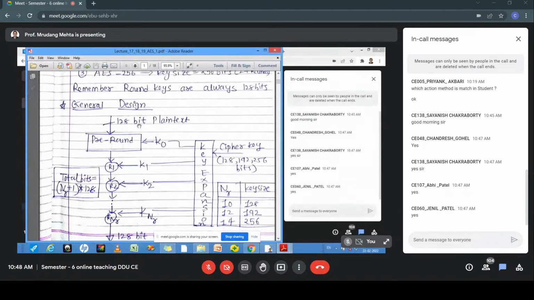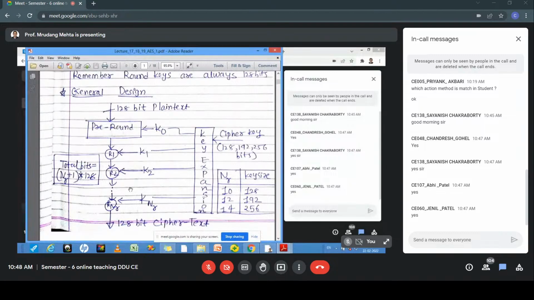Okay, so the plain text is given as an input to a 128 bit block. There are NR rounds, K1 to KNR, plus one pre-round. So the keys are NR plus 1, right? K0 to KNR.